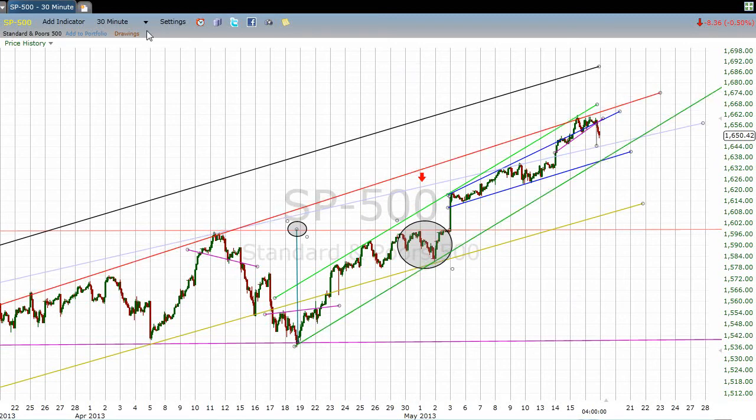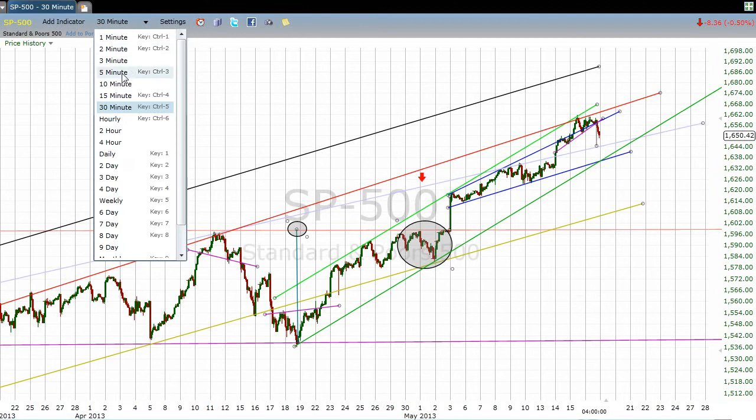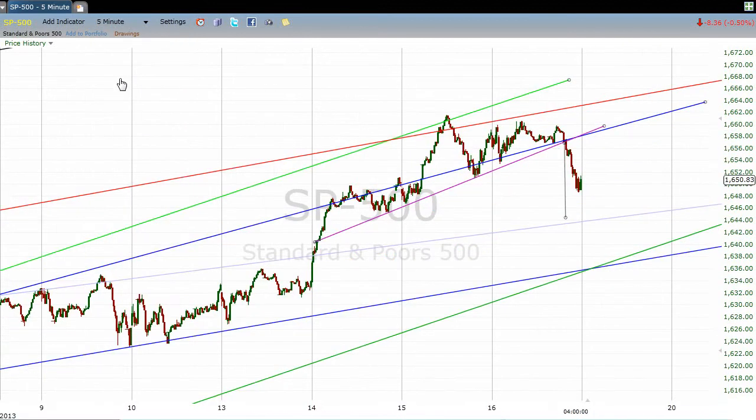But let's look at it on a 5-minute chart, because there's a couple other little details here. I think it's kind of interesting. We actually made a very small head and shoulders, and what's interesting is we got a little symmetry here. A little double left shoulder, a head, and then a double-ish sort of right shoulder.